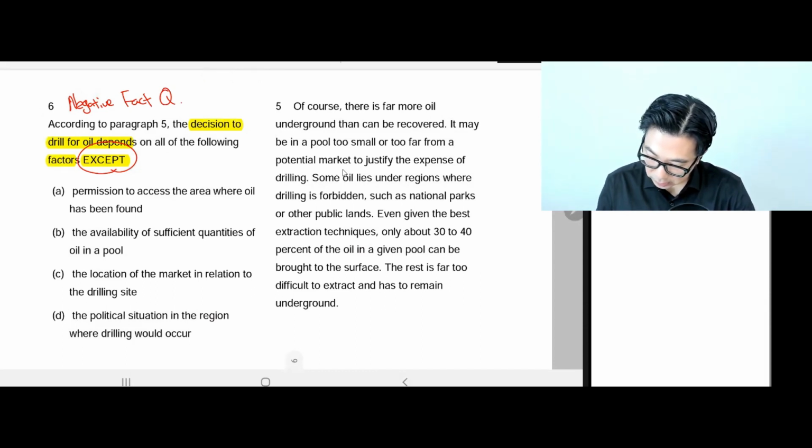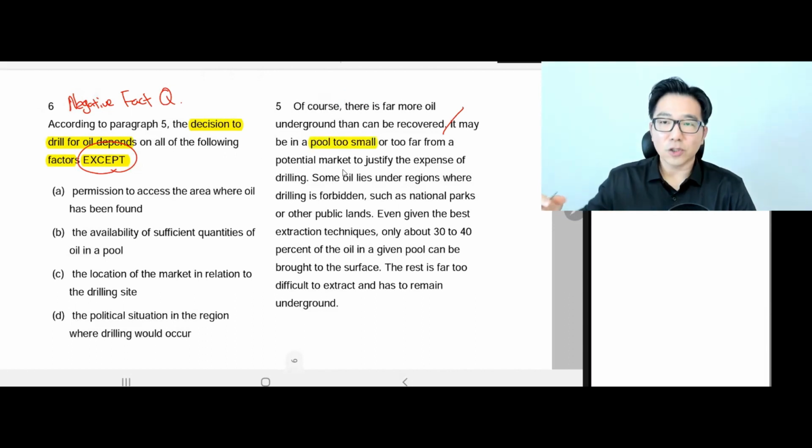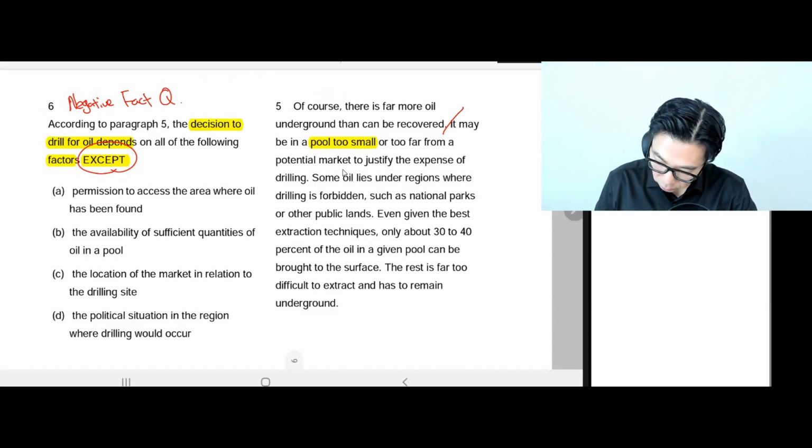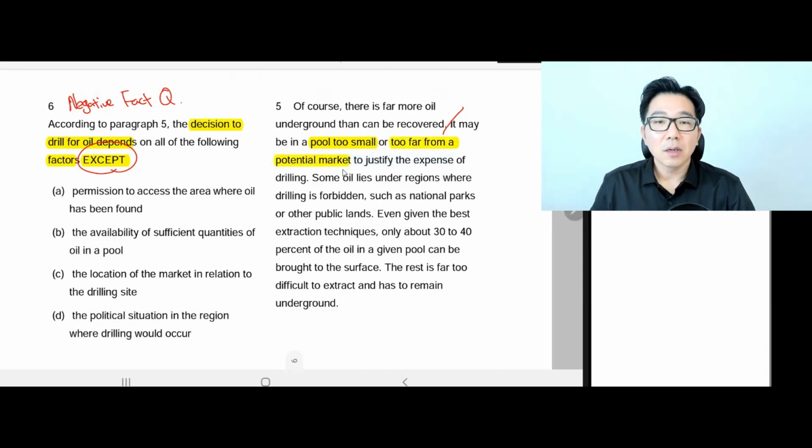The first point is, although there is oil underground that we can recover, the problem is the quantity is too small for us to invest all this money to pump it out, or too far from the potential market. Interesting. Okay. So whatever the market is too far away that we can sell it.